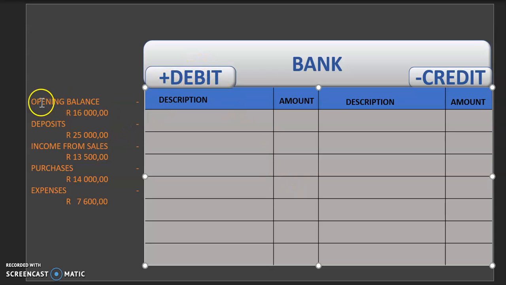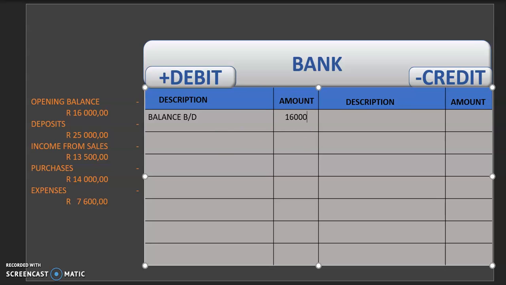So what do we have here? Opening balance to the value of 16,000 Rand. It's not a negative. So we're gonna record it on our debit side. Balance brought down, or maybe opening balance, depending on how you wanna put it, to the value of 16,000 Rand.